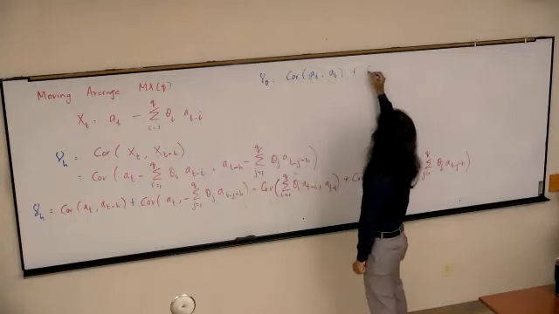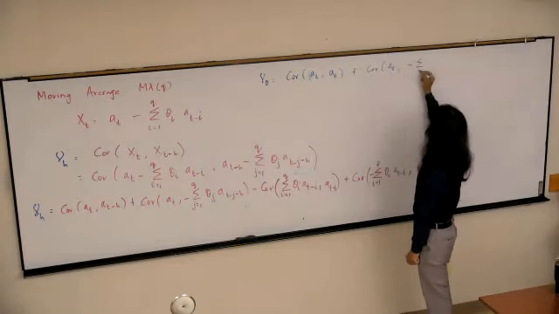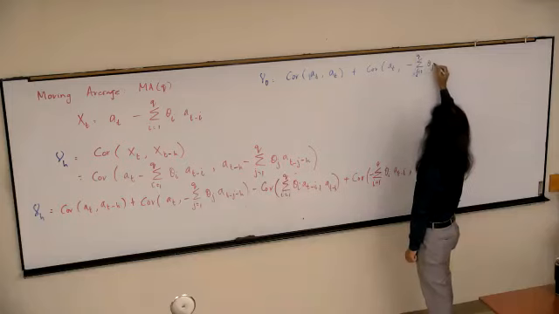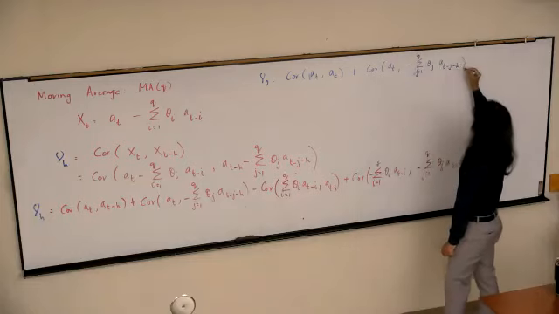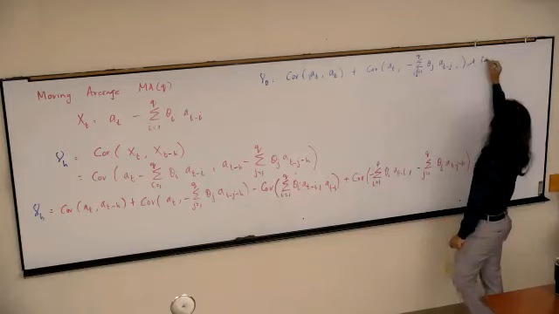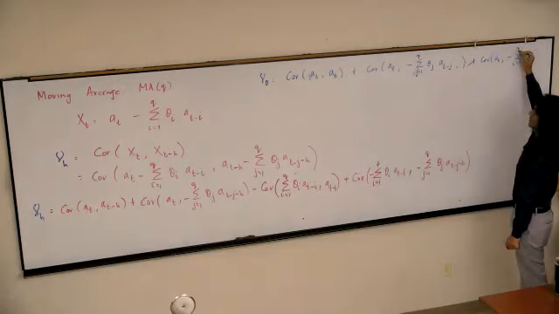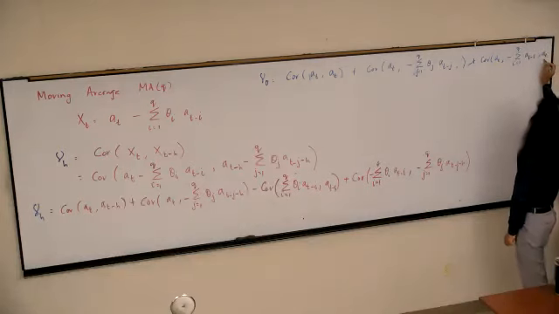Next term, covariance 80, comma minus sum j equals 1 to q theta j a sub t minus j minus h becomes 0 and minus plus the variance 80, comma minus i equals 1 to q a sub t minus i, comma 80.